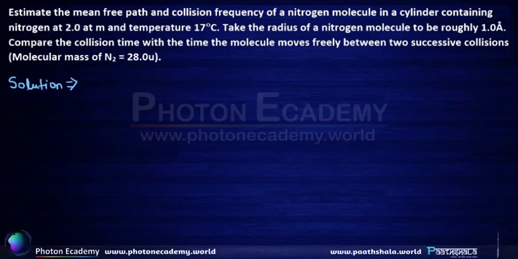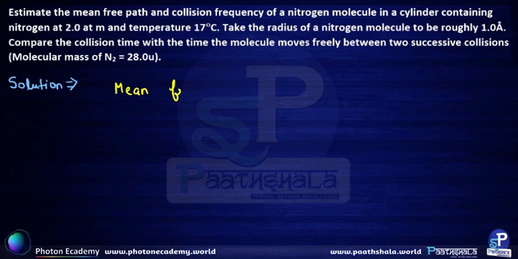So we know that the mean free path is equal to 1.11 into 10 raised to the power minus 7 meter.